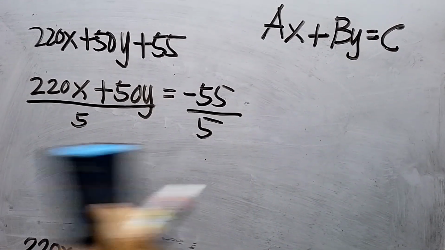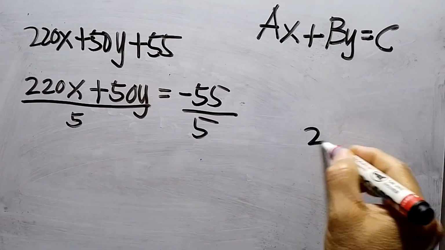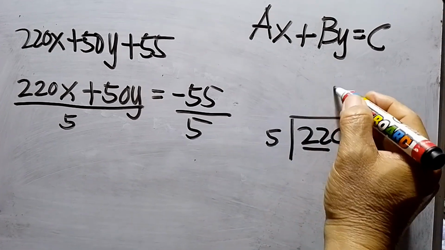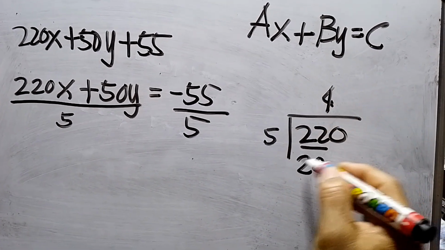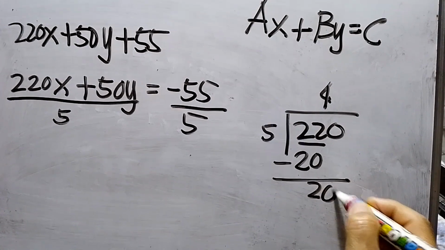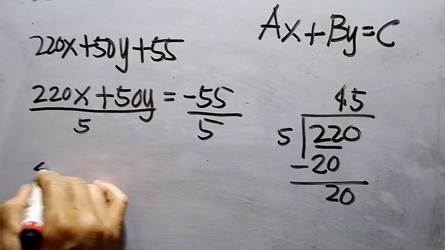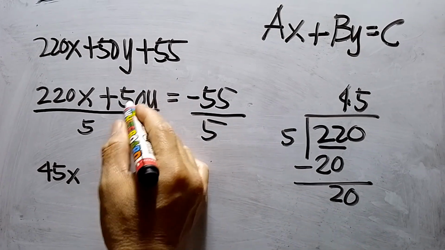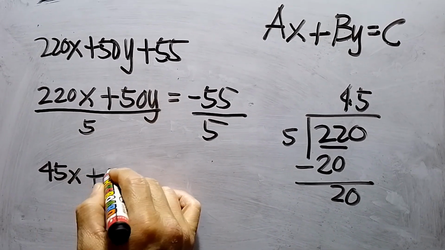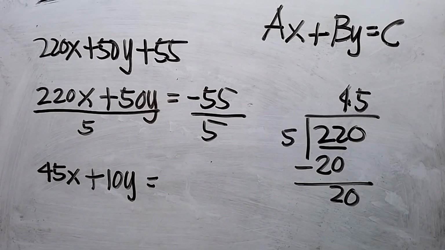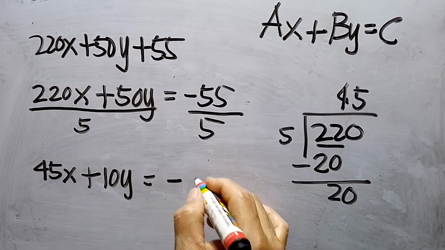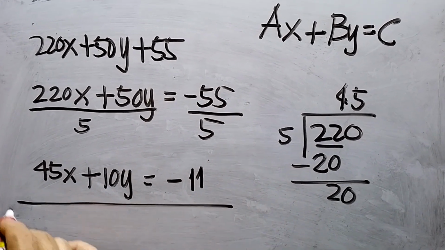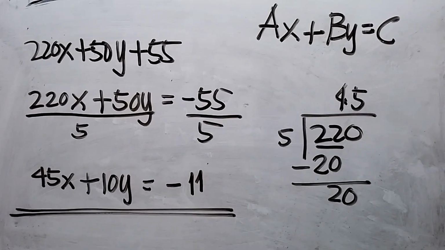So 220 divided by 5 is 44, so I have here 44x. Then 50 divided by 5, that is 10y. And then 55 divided by 5, that will be 11. Since there is negative, this will be negative 11. So this is now the equation of a line for number 2. That's all.